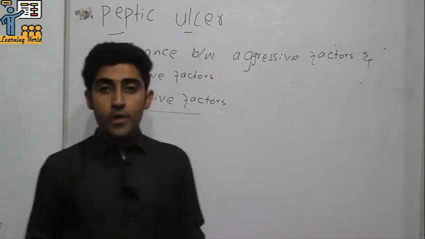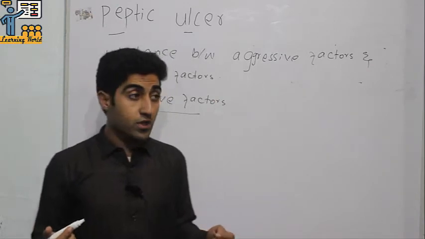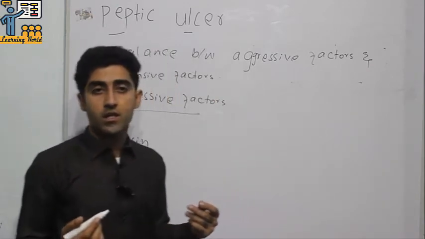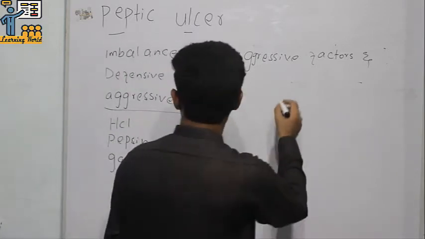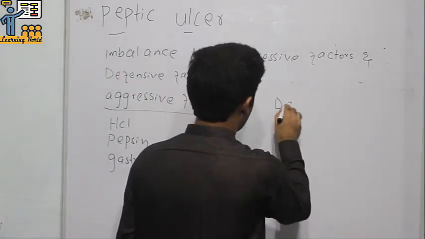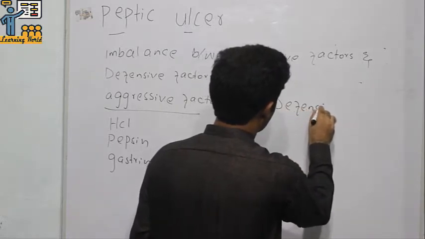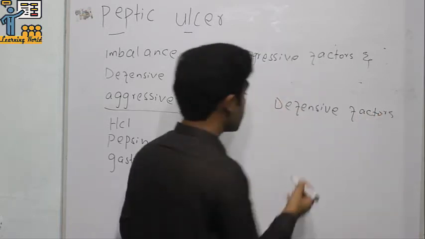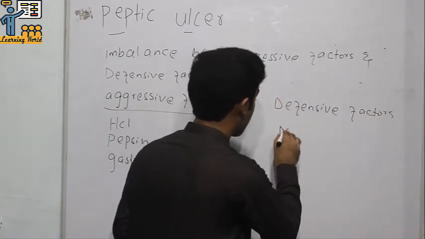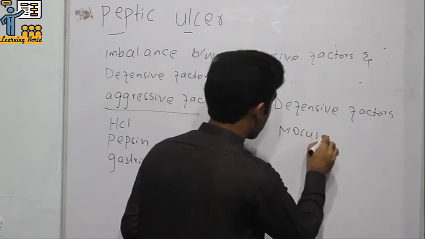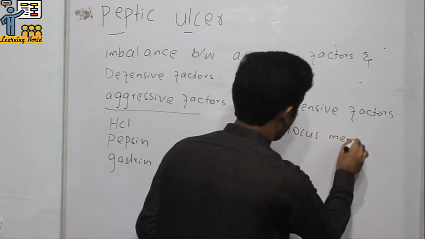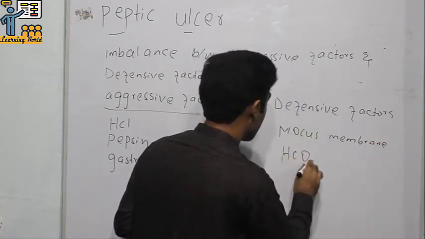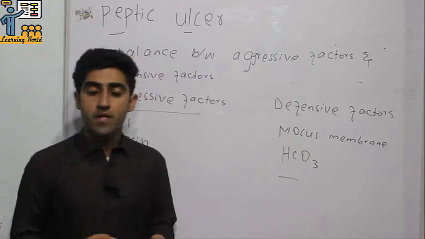Now, the defensive factor of the stomach provides a defensive system against these aggressive factors, in pathological or physiological conditions. The defensive factor consists of mucous membrane and bicarbonate, HCO3.